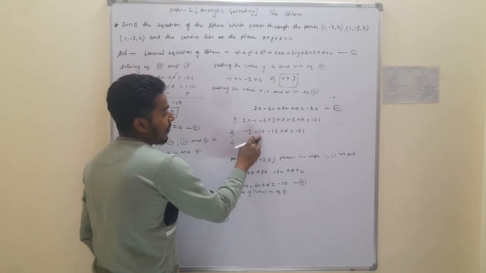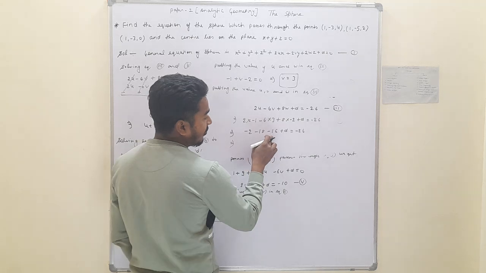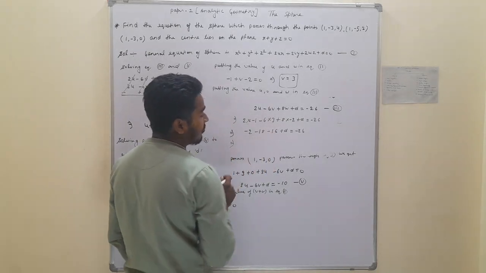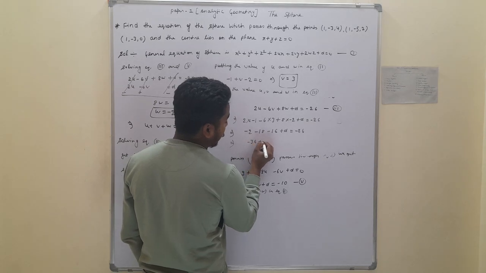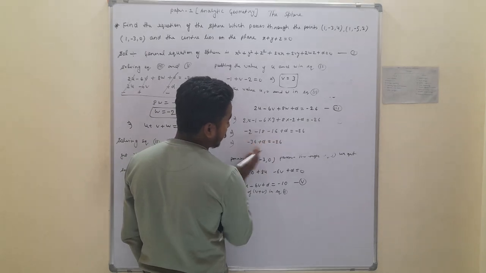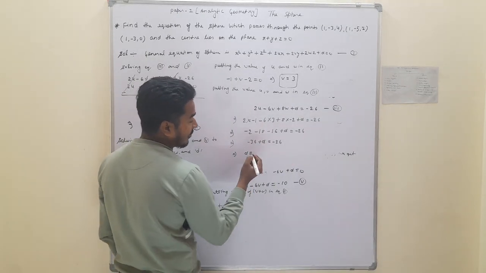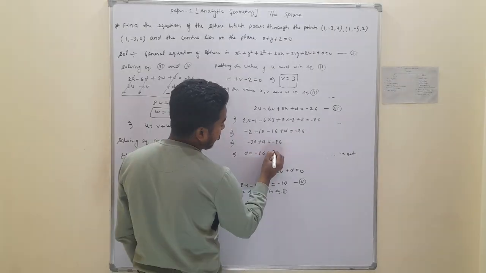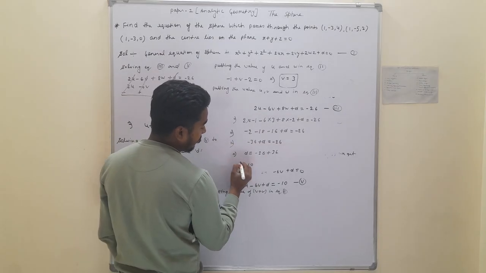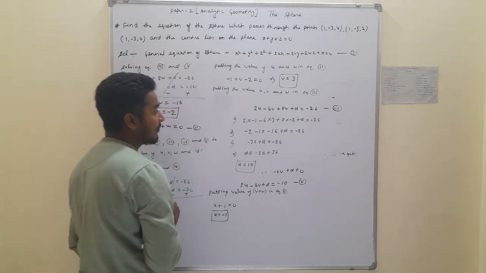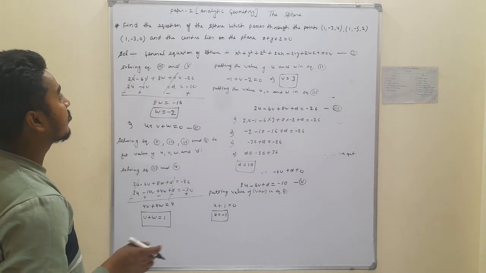We get minus 18 and minus 2, this is minus 20, minus 16, this is minus 36. Minus 36 plus d is equal to minus 26, and taking minus 36 to the right hand side, this is minus 26 plus 36, we get d is equal to 10, and putting the values of u, v, w and d in equation 1, we get the required equation of a sphere.